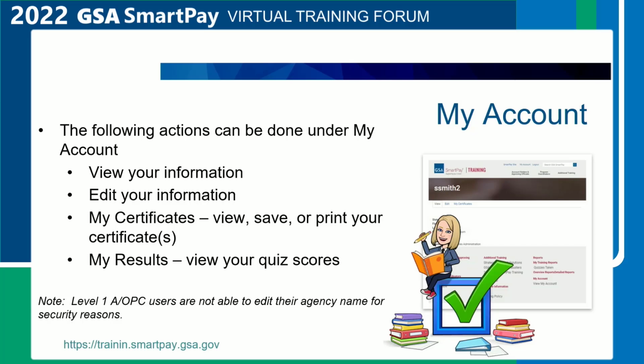If you are registered as a Level 1 and need to change your agency name, you will need to contact the GSA SmartPay Program support team for assistance at GSA_SmartPay@gsa.gov and provide the new agency name for your account. All other roles are allowed to change their agency.